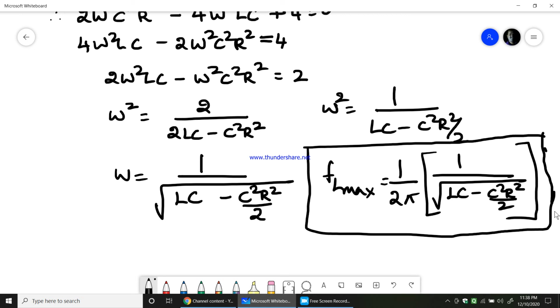Now we have derived FC max and FL max, where the voltage across the capacitor is maximum at FC max and the voltage across the inductor is maximum at FL max. These would be the major derivations that you might face in the exam on series resonance circuits. In my next video, we'll see how a parallel resonant circuit works. Thank you.